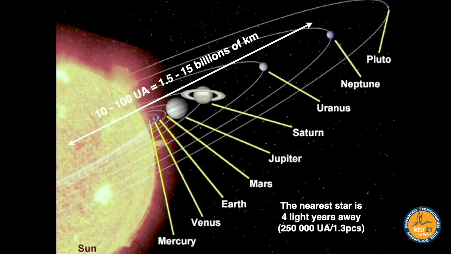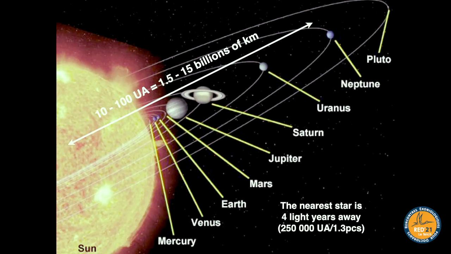Just to have an idea, we know that the distance from the Sun to the Earth is about 1 astronomical unit, and so the size of the solar system is about 10 to 100 astronomical units, depending on how you define exactly the solar system. But just to give you an idea, that means 1 to 10 billion kilometers.